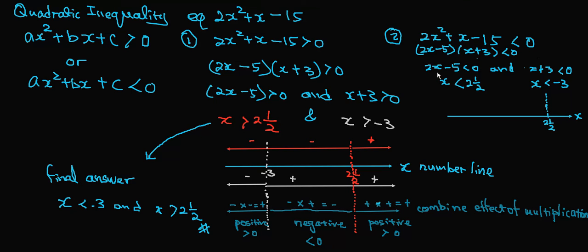For this to be less than 0, x must be less than 2.5. So f has to be less than 0. For this to be less than 0, x must be less than 2.5.